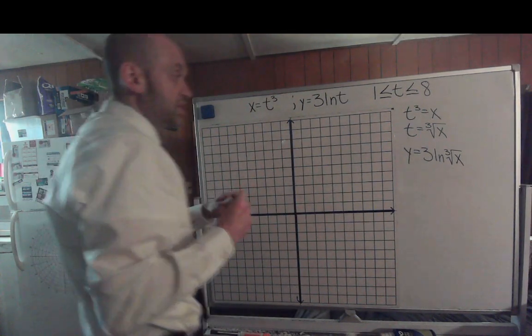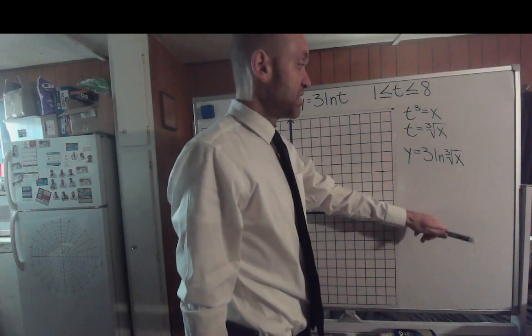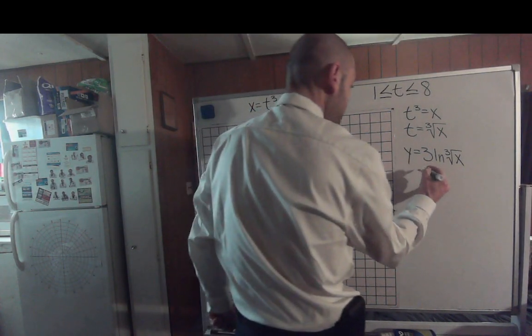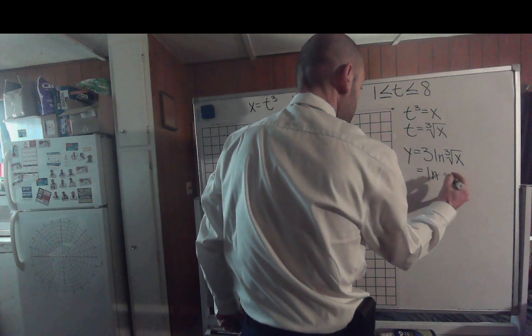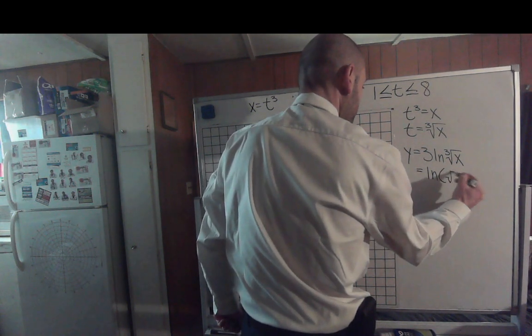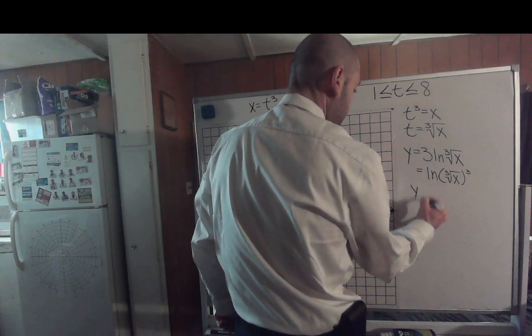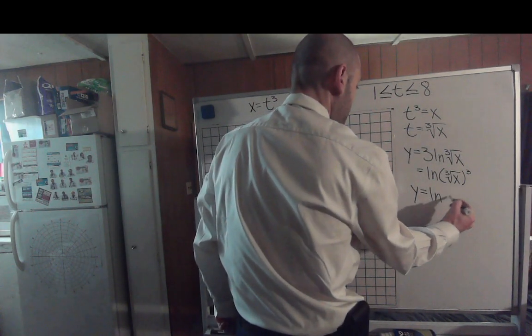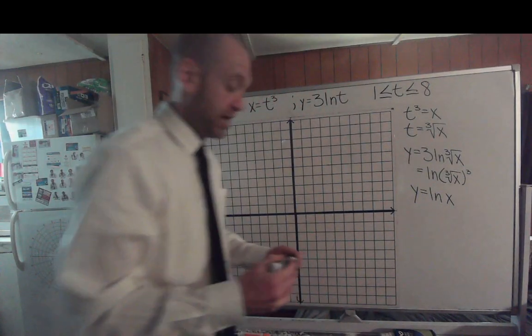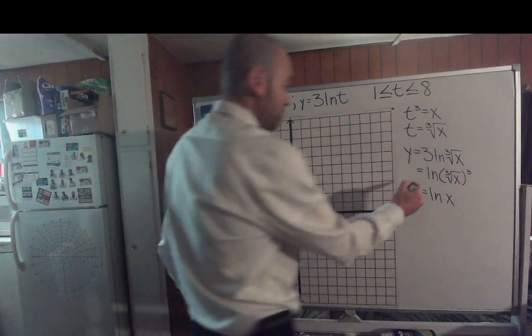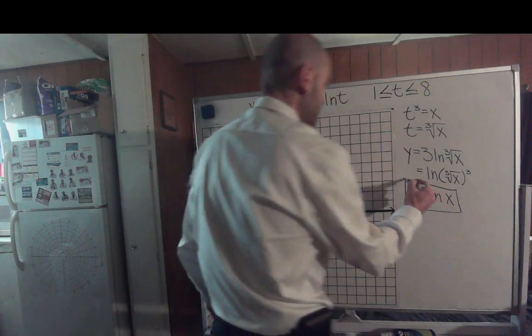But the good news is the property of logs allows us to make this the exact same thing as the natural log of that cube root of x raised to the third power, which would just give you the natural log of x. So this turns into y equals the natural log of x. So we just have a simple logarithmic function.